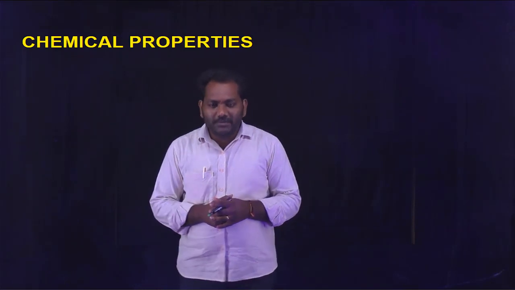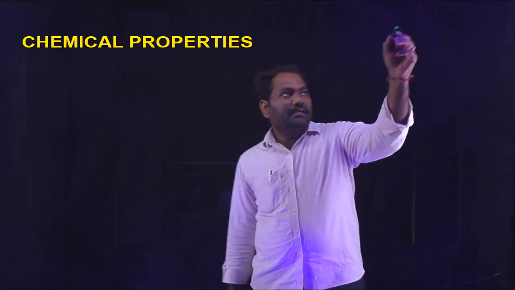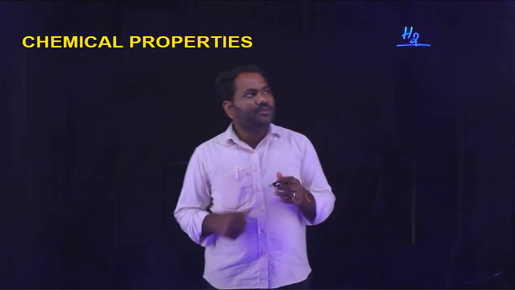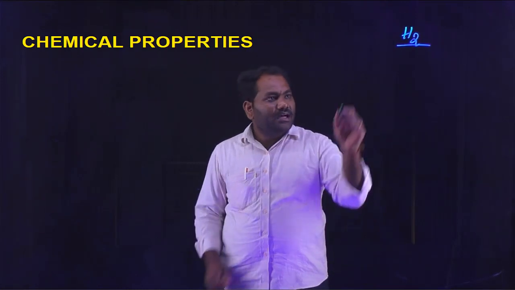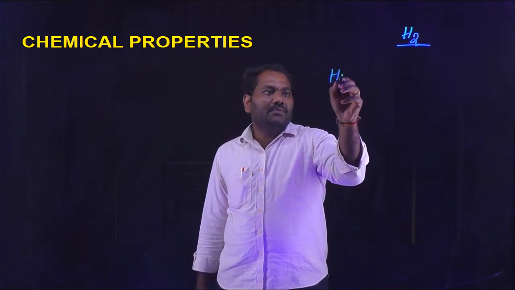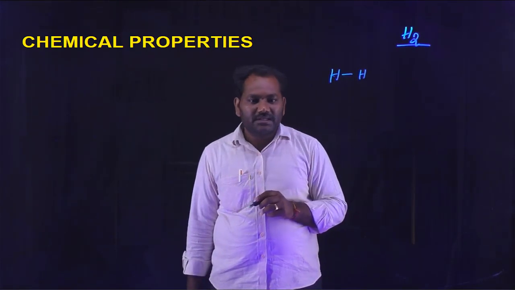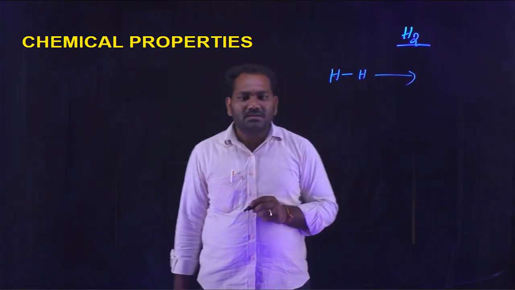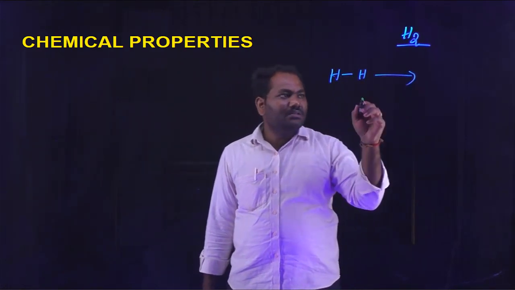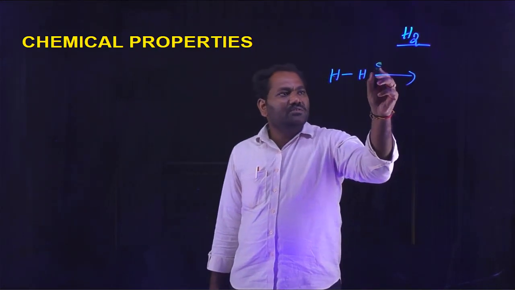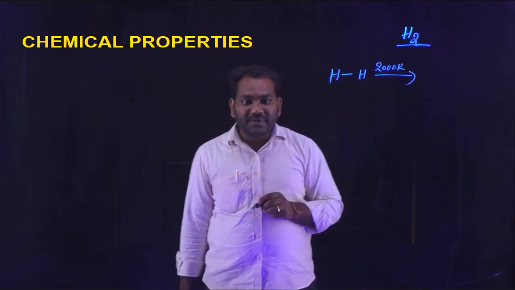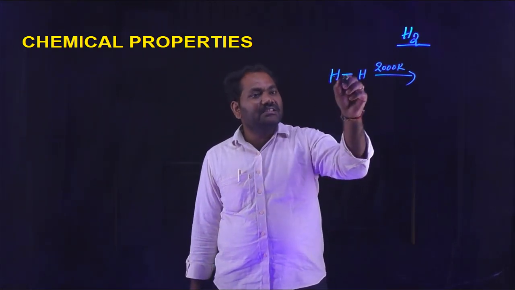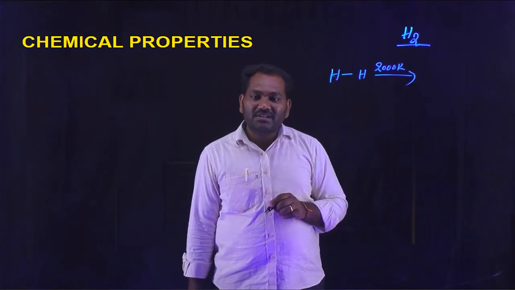Okay, let's discuss the chemical properties of dihydrogen. Before going to discuss this, hydrogen has one single bond between the two hydrogen atoms in the H2 molecule. If you want to break this bond, this single bond requires around 2000 kelvins temperature. 2000 kelvins is needed to break this single bond between hydrogen and hydrogen.